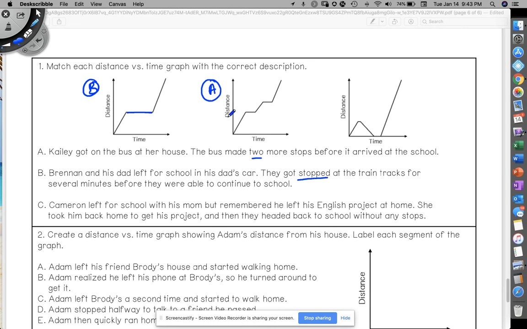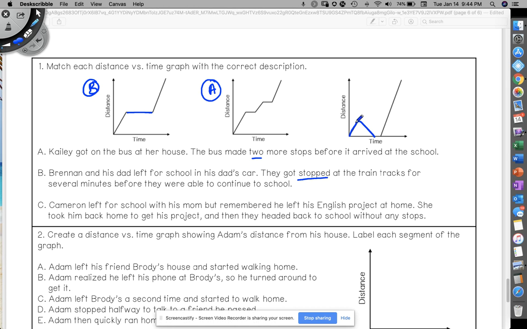Now, by process of elimination, we can say that this last one is C, but we're still going to read it to make sure that we can make sense of the graph. Cameron left for school with his mom. All right, so left for school is this part right here. But remember, he left his English project at home. So mom stopped, turned around, and went back home.